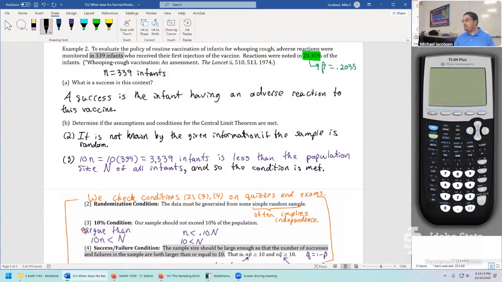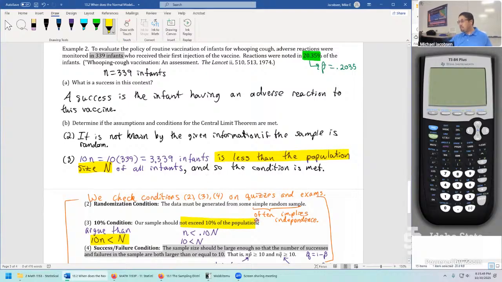Any questions, folks, about that tricky 10% condition? Exactly, yeah. So what we said here is less than the population size n. That was this part right here, which is really what's said right here, doesn't exceed 10% of the population.